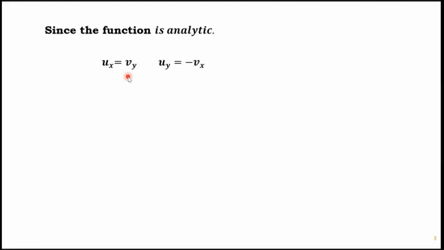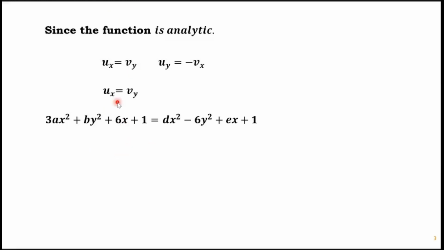So what are ux and uy we have got? We have to substitute them over here. I am taking the first CR equation, ux is equal to vy. So I'll substitute for ux and vy. And ux is equal to 3ax square plus by square plus 6x plus 1.